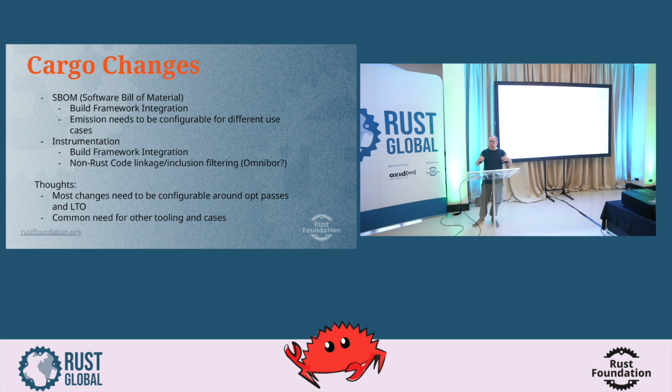And past that, from my personal experience implementing all of this in Painter, there's a lot of emissions and instrumentation that could be implemented in Cargo and in rustc that I would find useful. And I know OmniBOR would find it useful, and anyone else doing this kind of analysis. A lot of that is around non-Rust code linkage. What is actually getting linked in? Can you please emit more artifacts besides the IR for me?